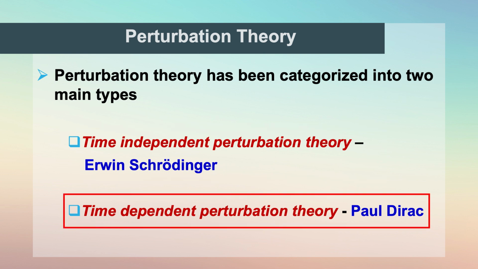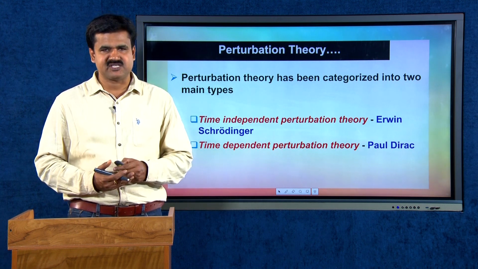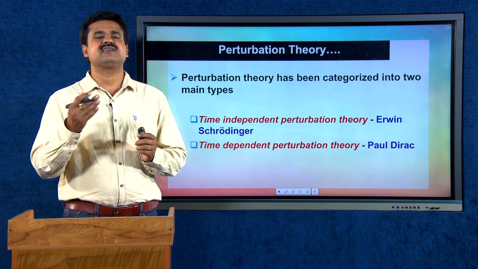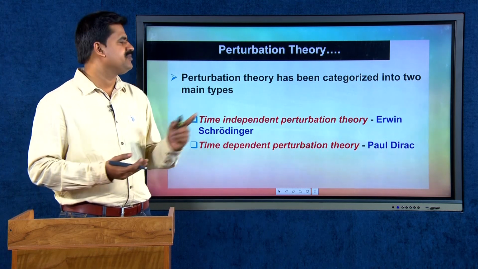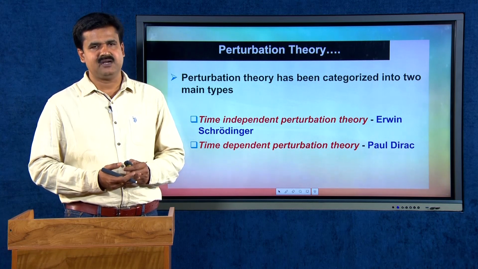The second one is time-dependent perturbation theory, and Paul Dirac was the physicist who proposed the time-dependent perturbation theory. In the first part, that is time-independent perturbation theory, we are ignoring the time variable, whereas in the second part, we are considering time as a variable.